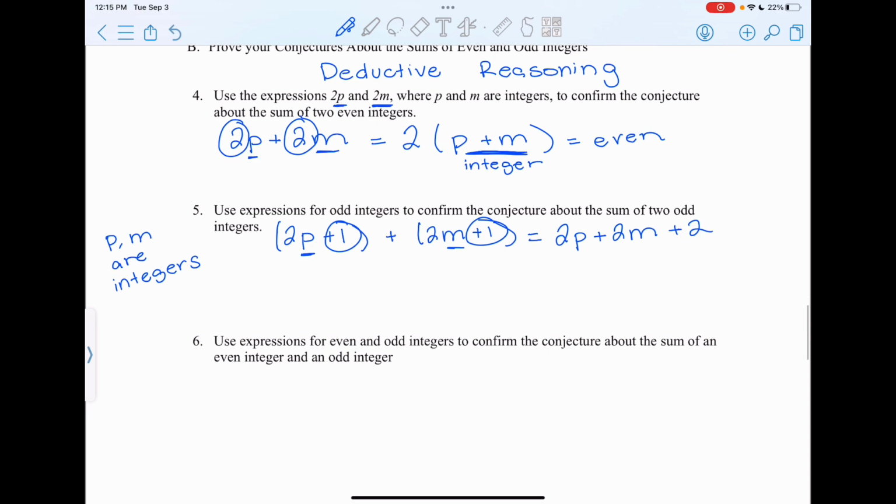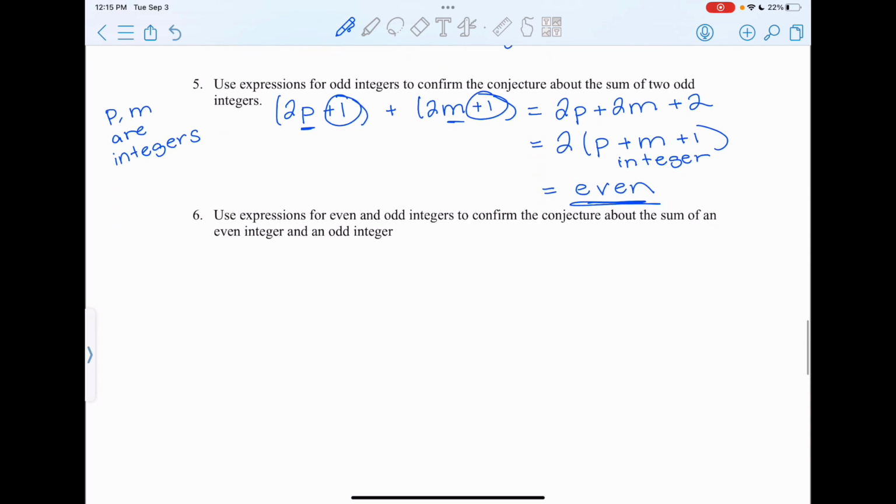If I factor out a 2 again, I am left with p plus m plus 1, which would be an integer. And notice how once again I have the form 2 times some integer, which means my answer will always come out even. And so we just used deductive reasoning to prove that the sum of two odd integers will always come out even.